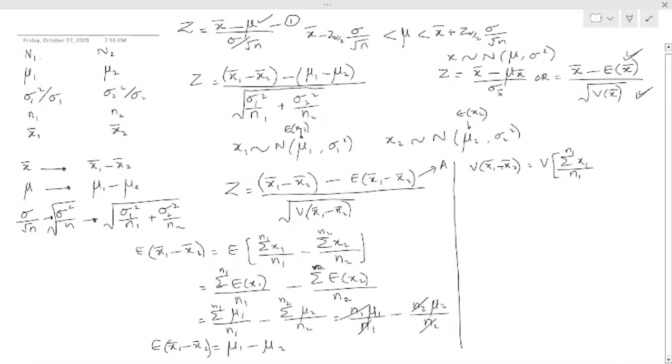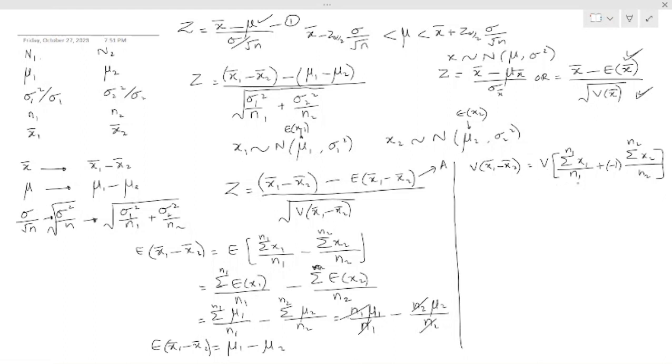This minus sign that is between x1 bar and x2 bar we can take out as a common factor or make it separate. This is how we can write it down, because we know the property of the variance operator: whenever variance is applied on a constant quantity, it will become squared.